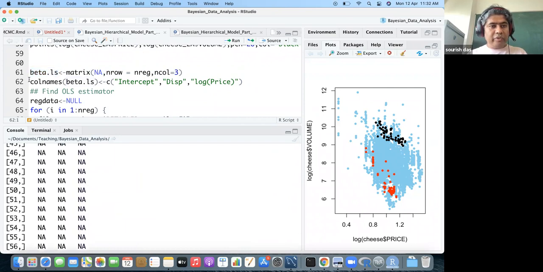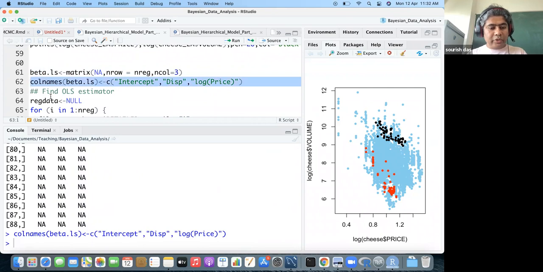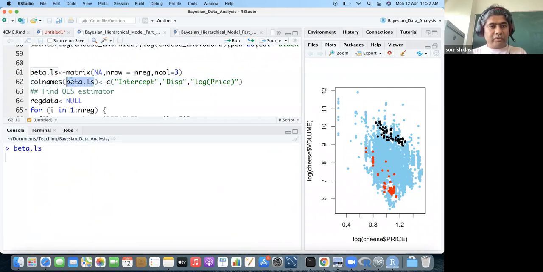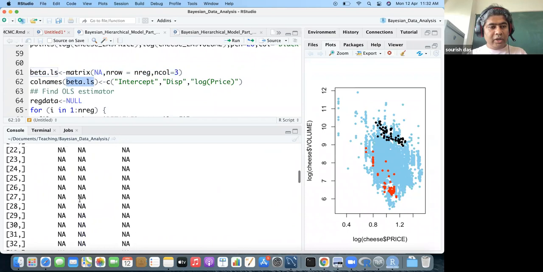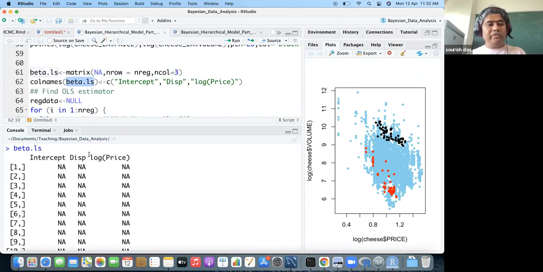The first column will be the coefficient for intercept. The second column will be the coefficient for display activity. And the third column will be the coefficient for log price.